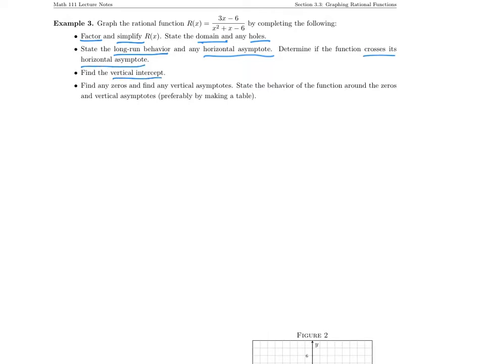We need to find any vertical intercepts, or y-intercepts, any zeros, and any vertical asymptotes. The last thing it says is to state the behavior of the function around the zeros and the vertical asymptotes. It's not asking about multiplicities, it's just asking what the points around it are. We are also going to be making a table and graphing. So this is what one really long problem looks like, but all of this is stuff that we've done before, so let's just get to practicing.